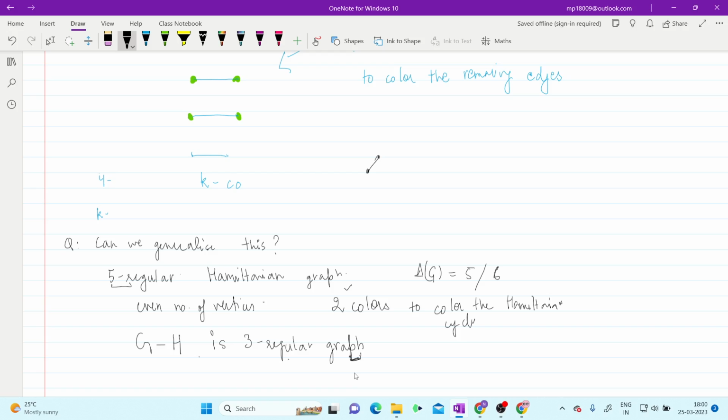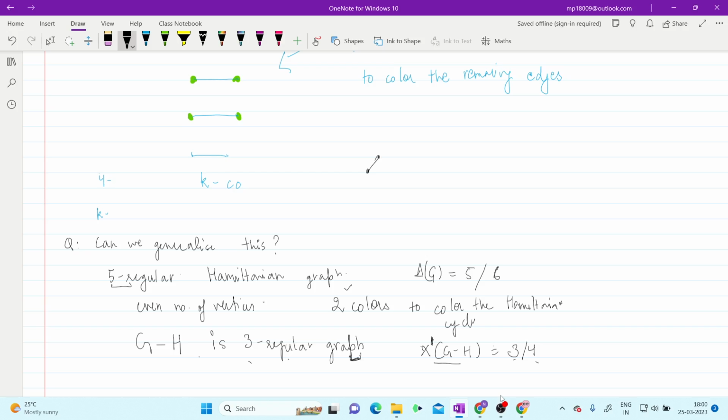So we know that it is 3 regular, then the chromatic index for G minus H will be either 3 or 4. But we cannot directly say whether it will be 3 or 4, because it is a 3 regular graph and it has an even number of vertices.